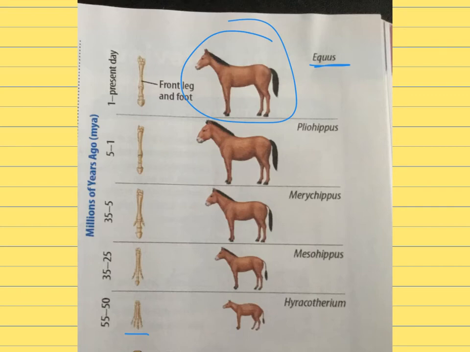So it changed over time. You can see the gradual change, and then it became pretty common 5 million years ago for it to be the hoof structure that it currently is. So again, that is evidence of biological evolution.